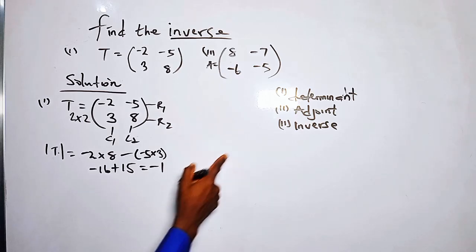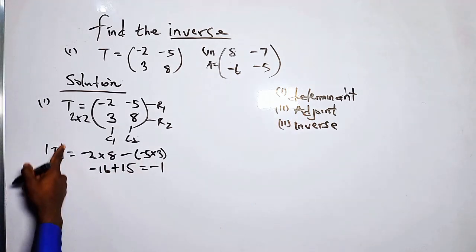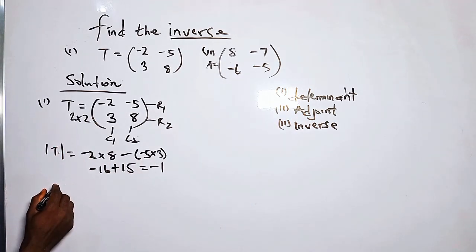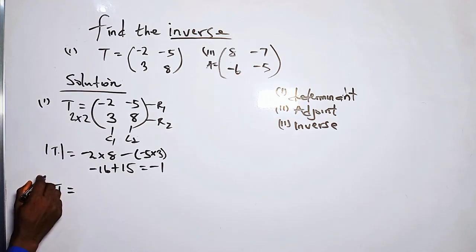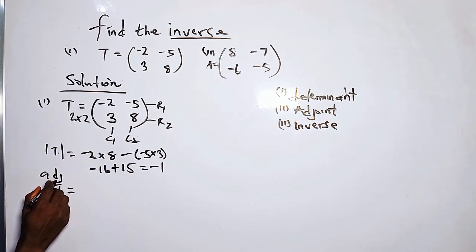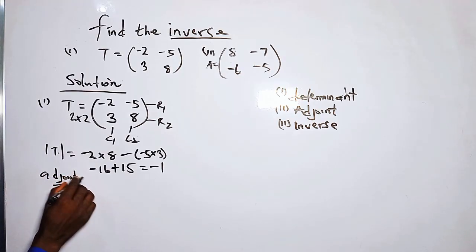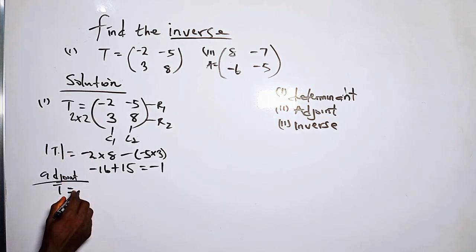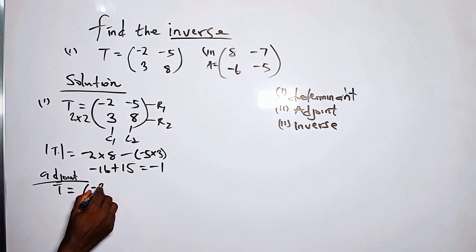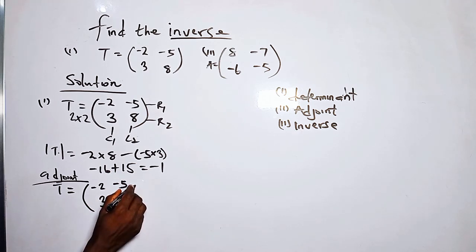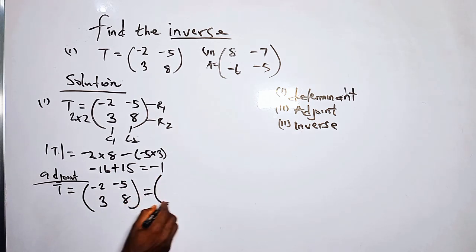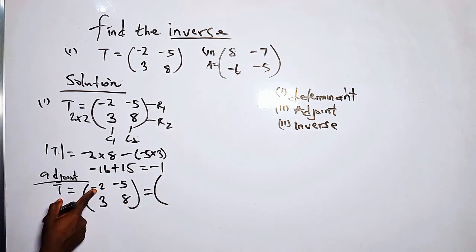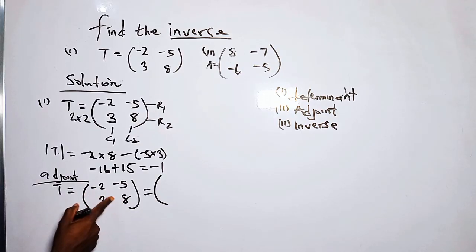Okay, so let's look for the adjoint of this same matrix. Let us repeat back what we have here: -2, -5, 3, 8. The adjoint of this will be, when we look at the leading diagonal, we just have to interchange the numbers.